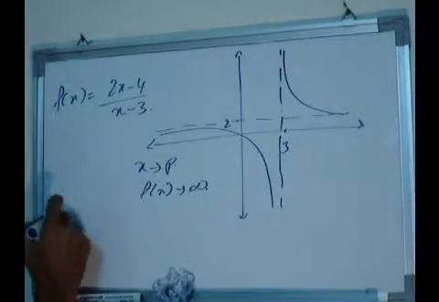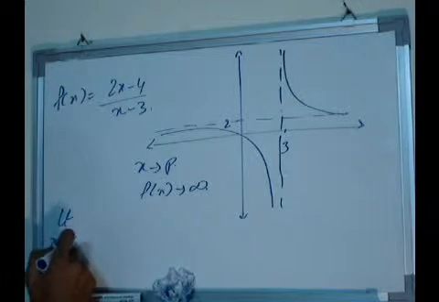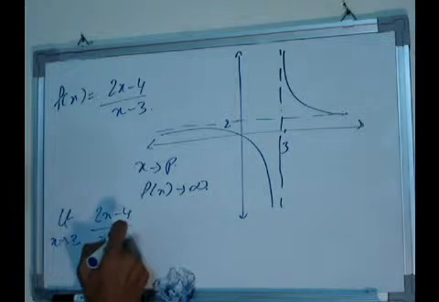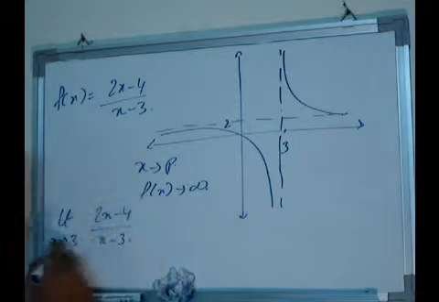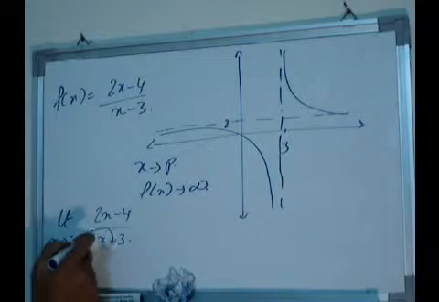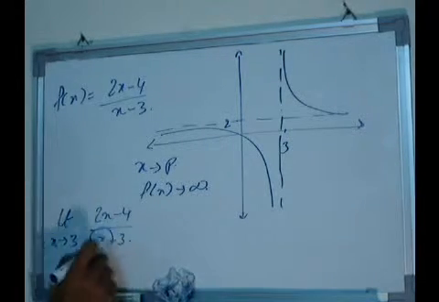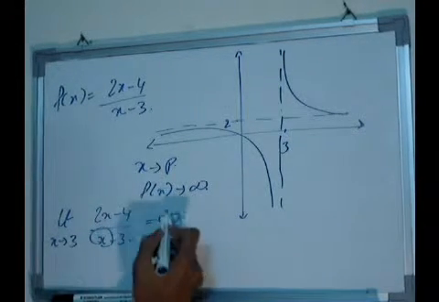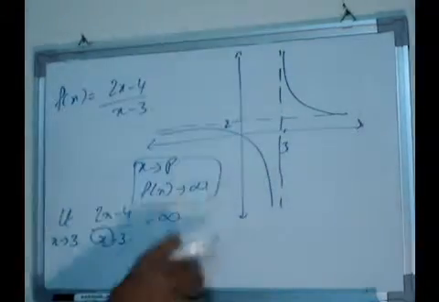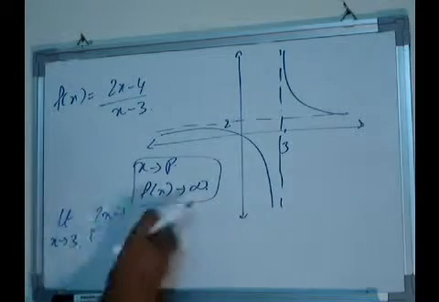So when limit of x tends to 3, let's see what happens to this function. Obviously when I substitute the value x tends to 3 over here, we get 0 in the denominator and this will be equal to infinity, and as this is satisfied, so x equal to 3 is a vertical asymptote.